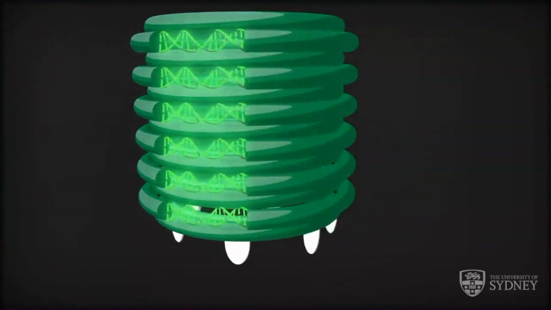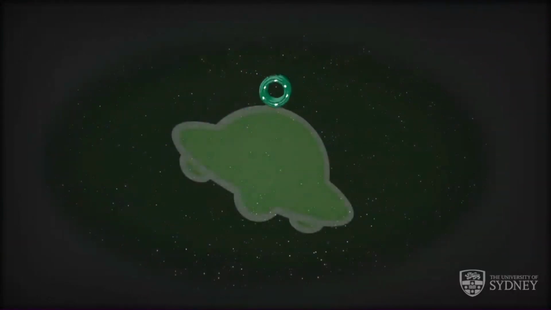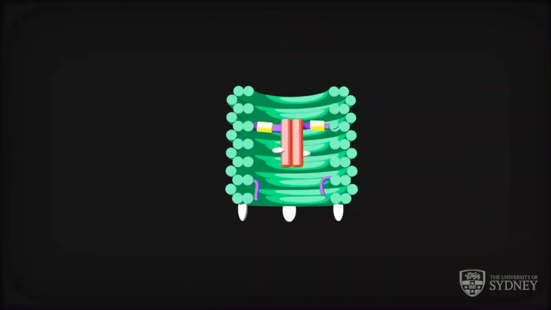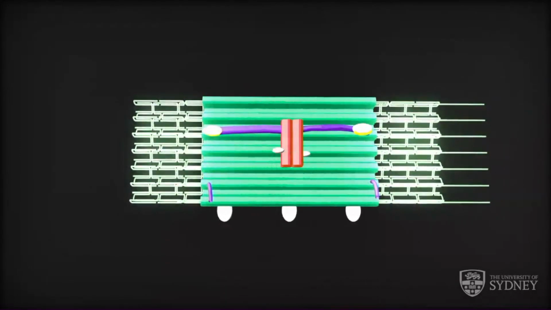Inspired by the shape of ancient alien technological relics, we have designed a new weapon to attack bacteria, the DNA alien. Here are the blueprints. At the heart of our design is a DNA origami pore. This will insert itself into the bacterial membrane, creating a physical hole, disrupting the bacteria and killing it. This DNA pore is destructive and needs to be hidden so only harmful bacteria are targeted.